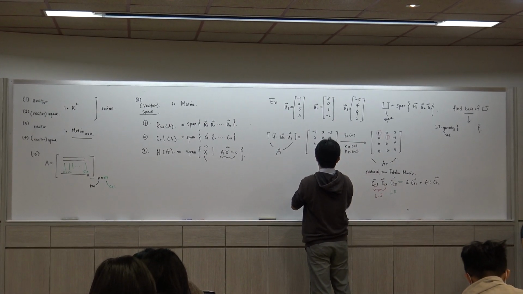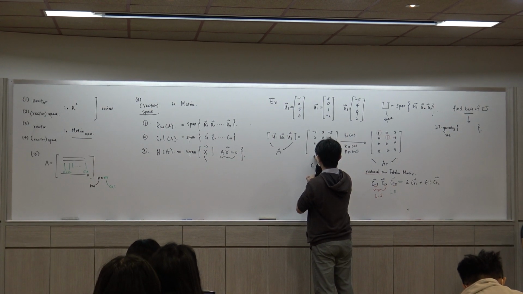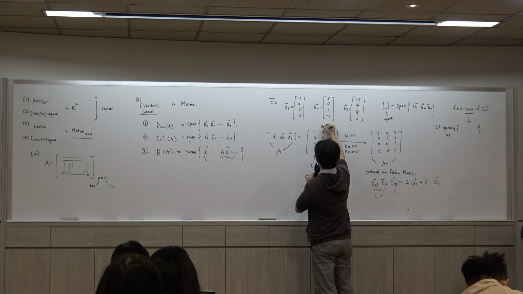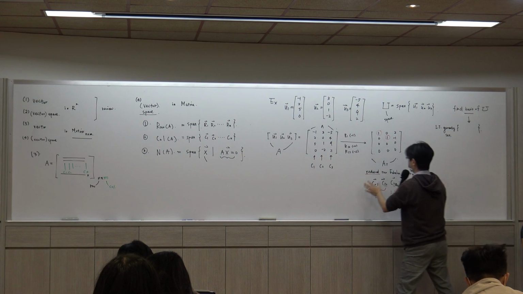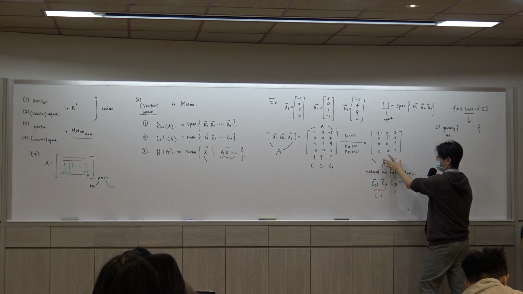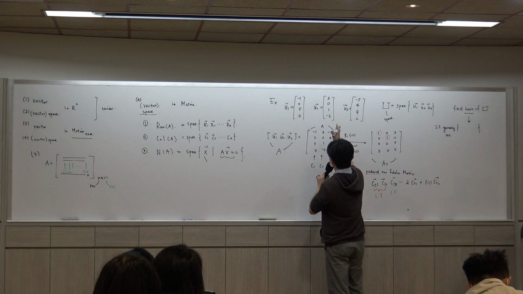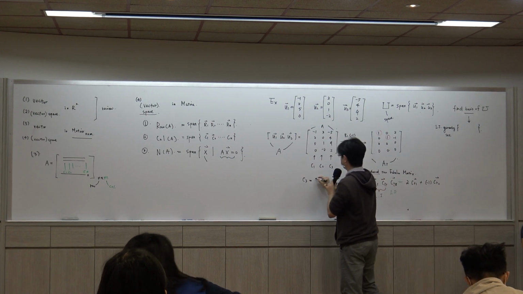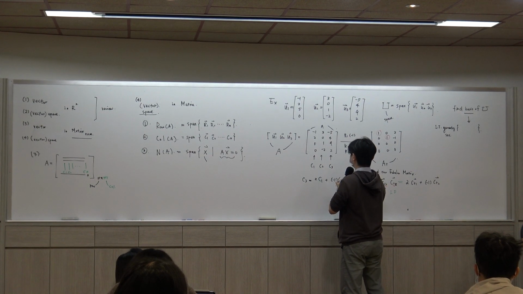So you can check. This one is C1, C2, C3 in the original matrix A, and the other is the reduced matrix. And you can check that C3 in the A matrix equals 2C1 minus 1C2.